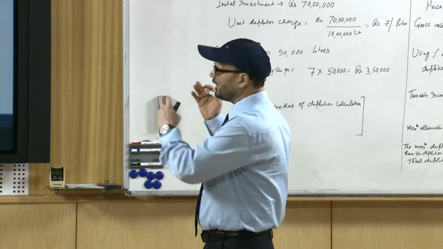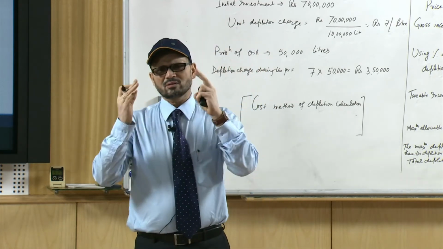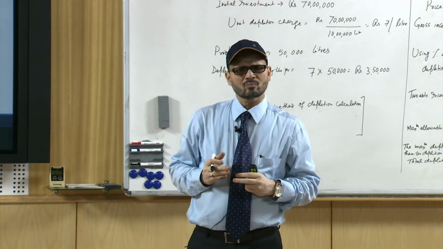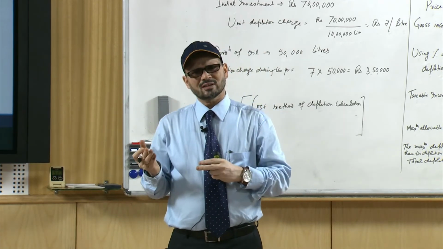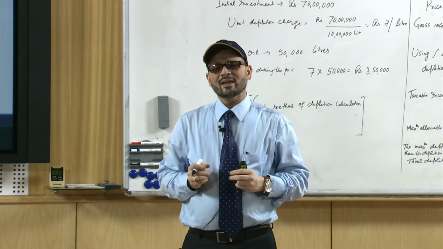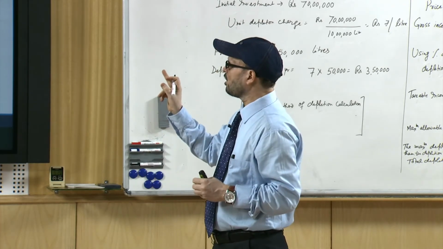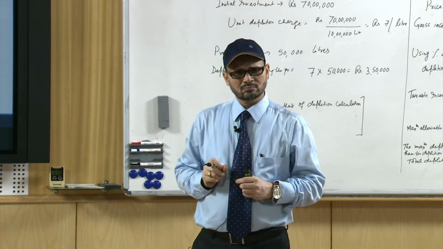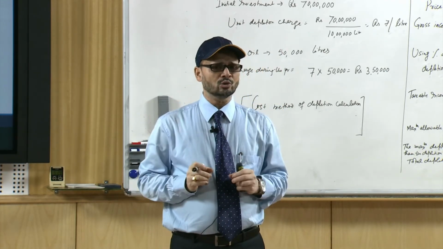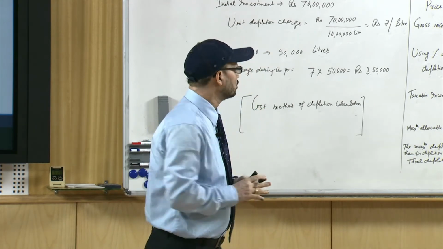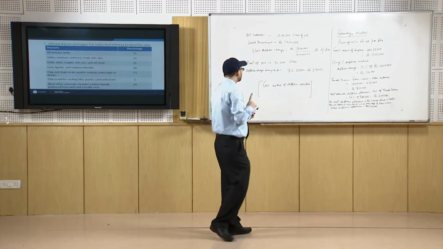So, if the 50% of that exceeds, then the smaller value will be taken. If 50% of the total taxable income is the lower value, in that case that lower value will be used. So, this condition is also to be kept in mind.